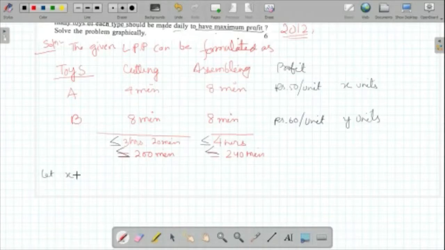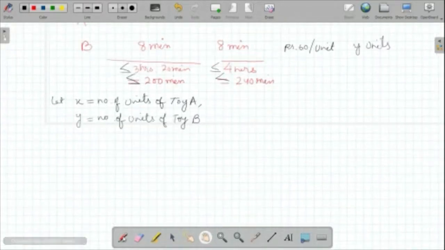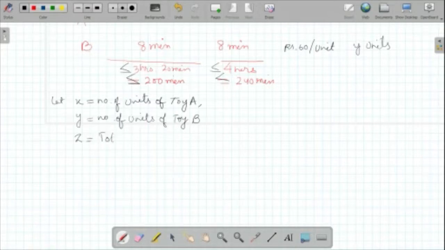So write down here. Let x be the number of units of toy A, y the number of units of toy B, and let's say z the total profit, right?